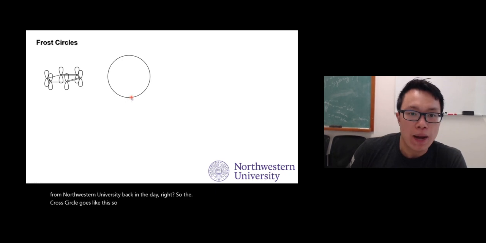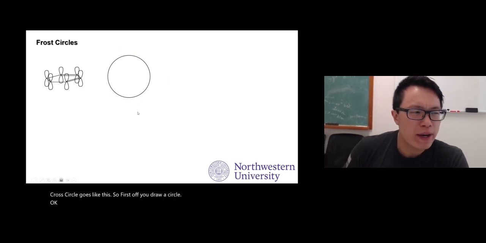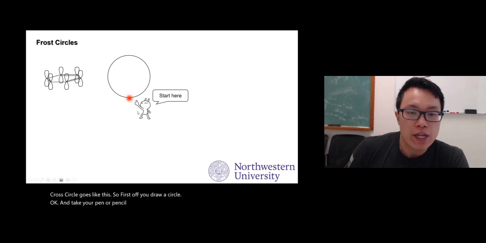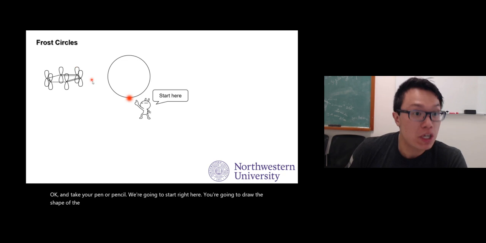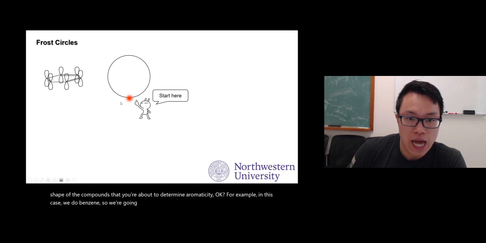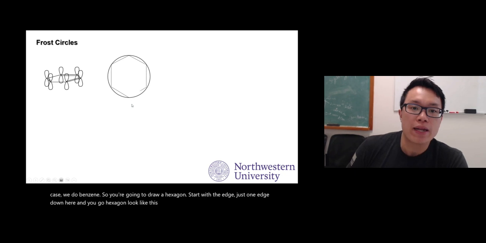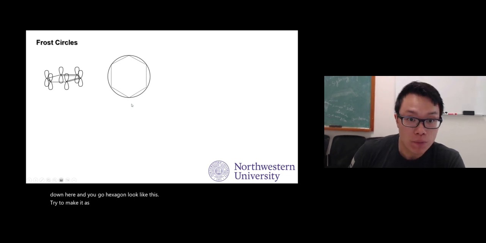First off, you draw a circle, and take your pen or pencil, and we're going to start right here. You're going to draw the shape of the compound you're about to determine aromaticity for. For example, in this case, we do benzene, so you're going to draw a hexagon. Start with one edge down here, and you go hexagon. Try to make it as symmetrical as possible.